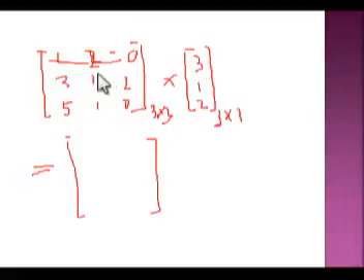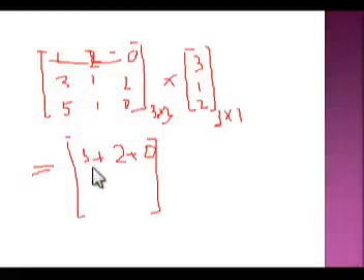This is a column matrix and this is a row, so the row and the column are multiplied: 1 times 3 is 3, plus 2 times 1 is 2, plus 0 times 2 is 0.